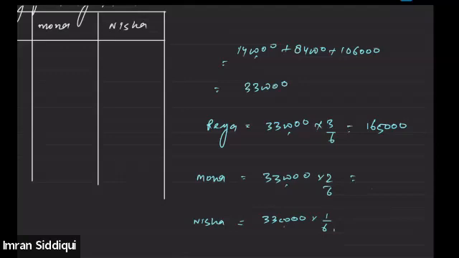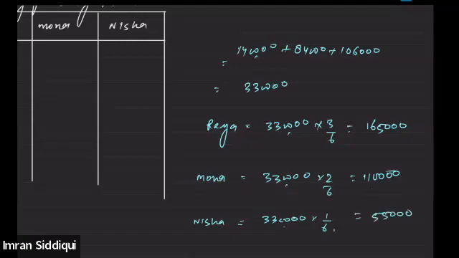3,30,000 into 2 divided by 6 will get 1,10,000, and 3,30,000 divided by 6 will be 55,000.